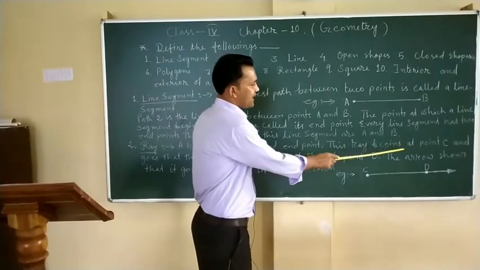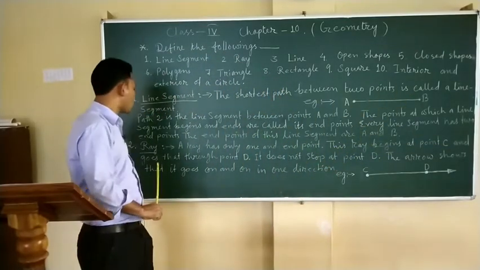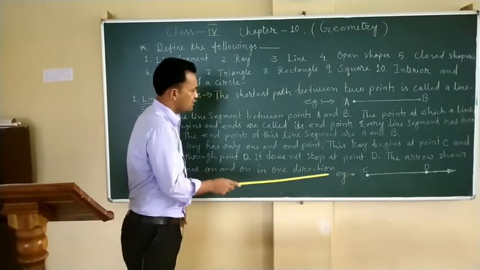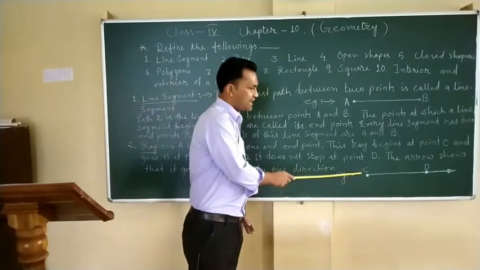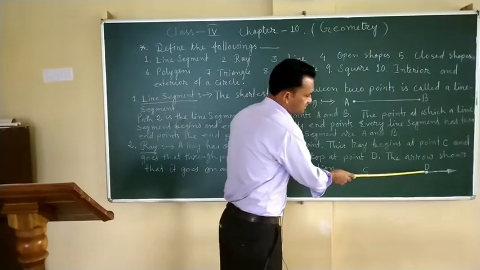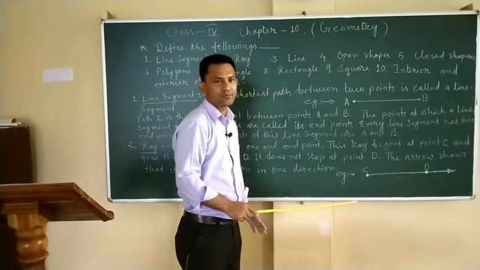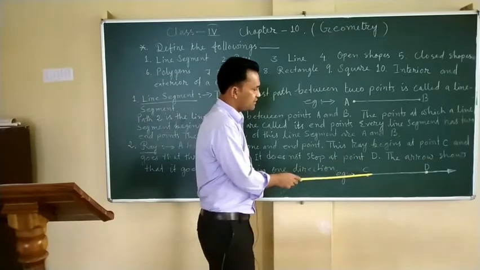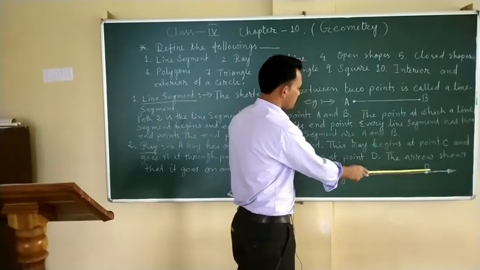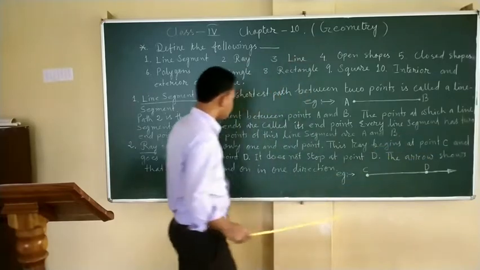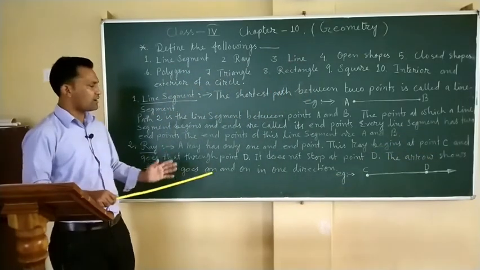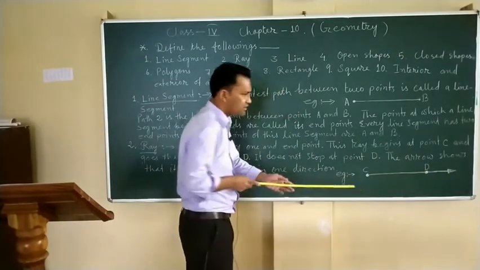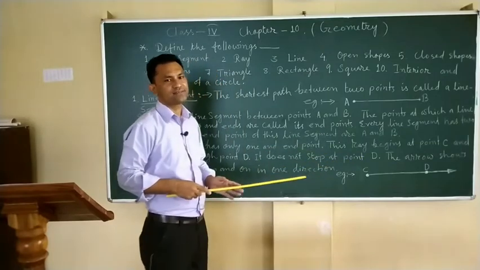This ray begins at point C and goes through point D. You see, I have given an example here. It starts from C and continuously goes on to D. It does not stop at point D. The arrow shows that it goes on and on in one direction.